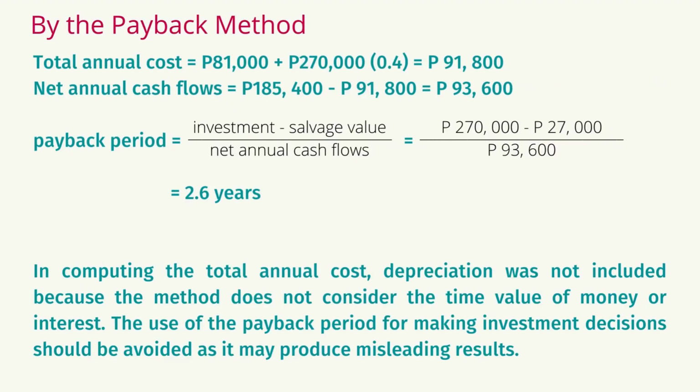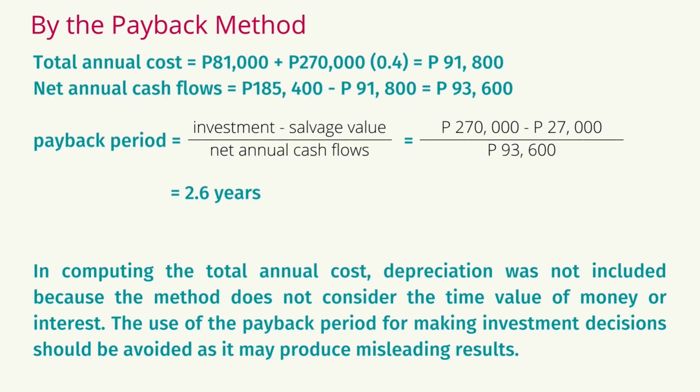So the solution by the payback method: the total annual cost is 81,000 plus 10,800 for taxes and insurance, that is 4% of 270,000, so it's equivalent to 91,800. The net annual cash flow is the annual revenue minus the total annual cost.